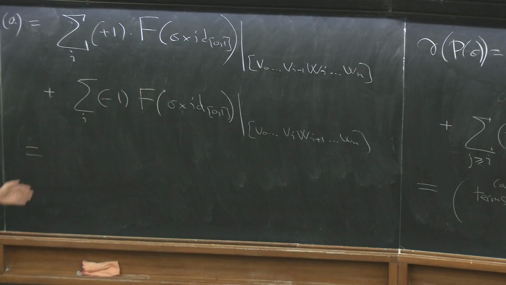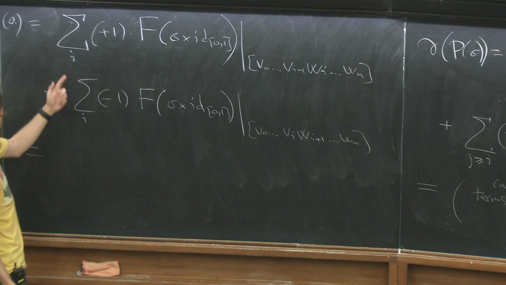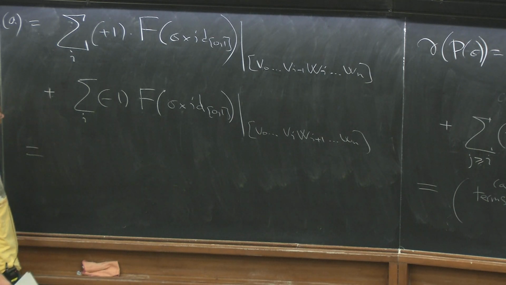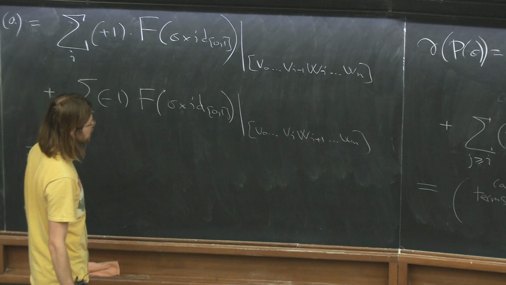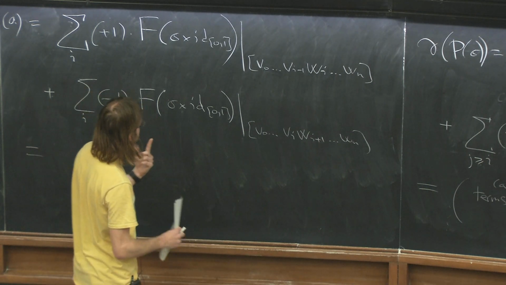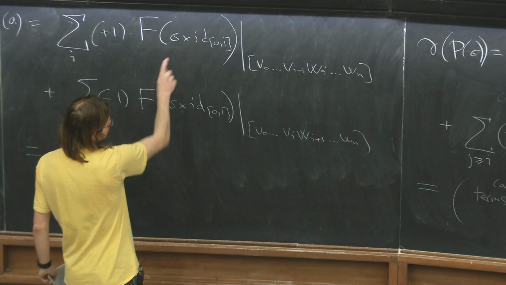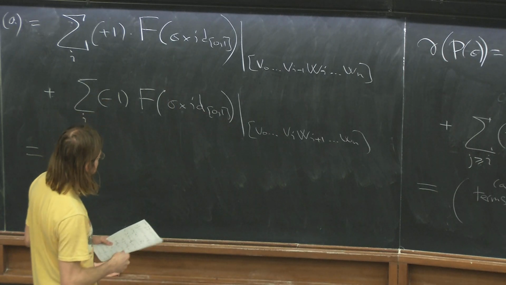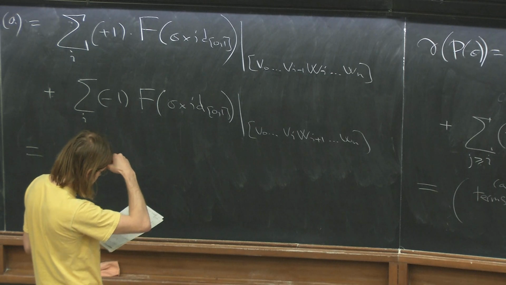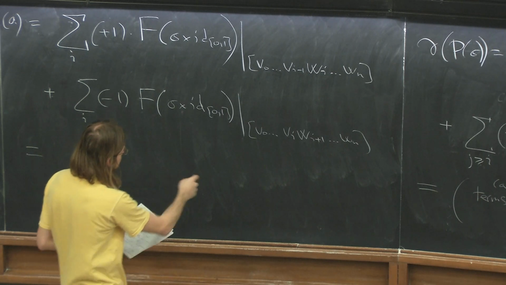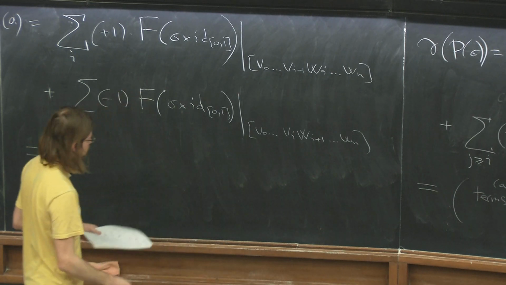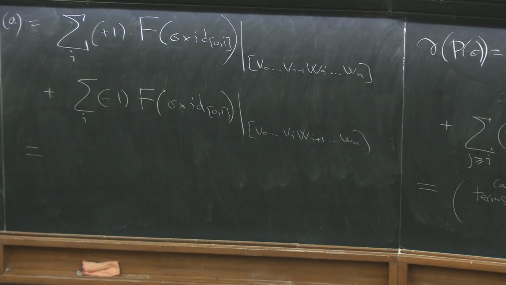And this means almost all terms in these two sums over i will pairwise cancel with each other. The only thing which will be left is the first term here, which won't be paired with anything, and the last term here. They are not going to be paired up.